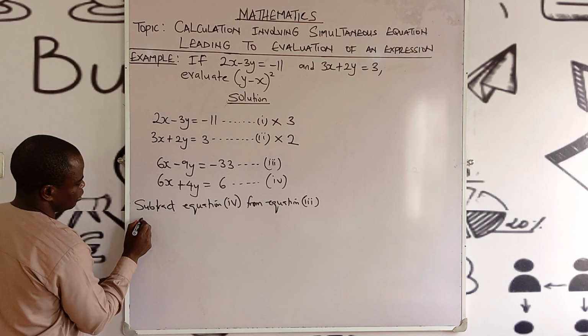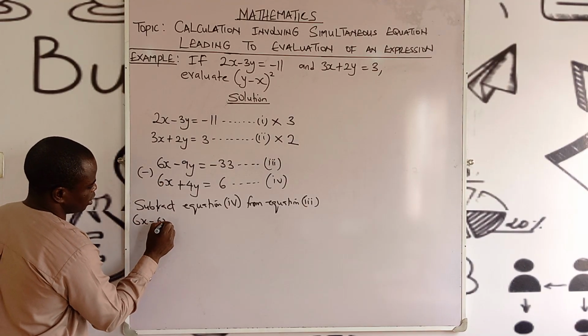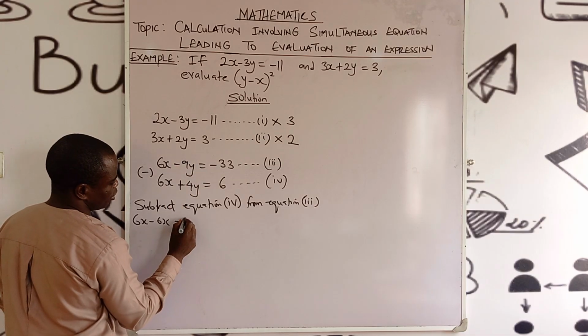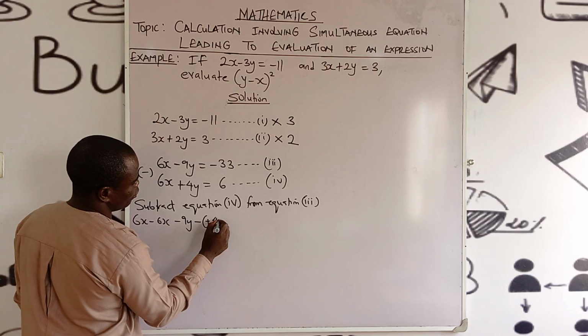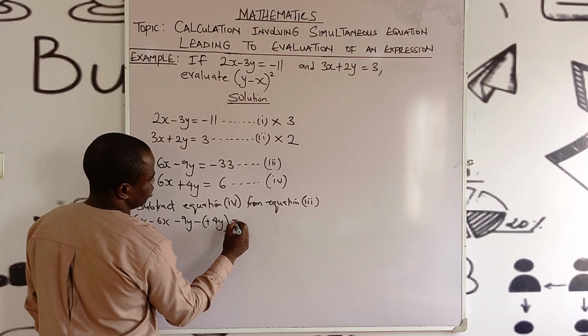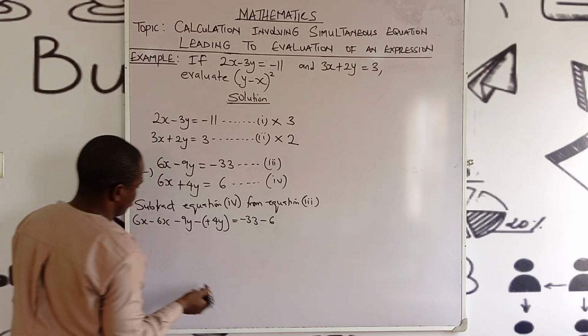When you do that, you now have the negative. Now 6x minus 6x. Minus 9y, come to this negative minus plus 4y equals minus 33 minus 6.